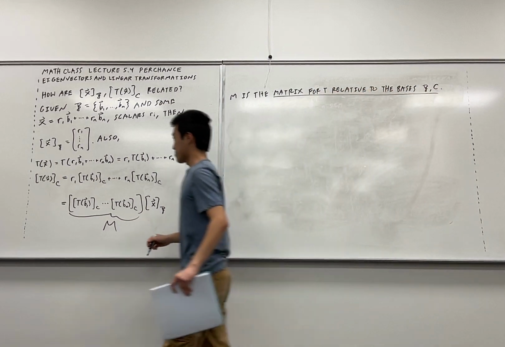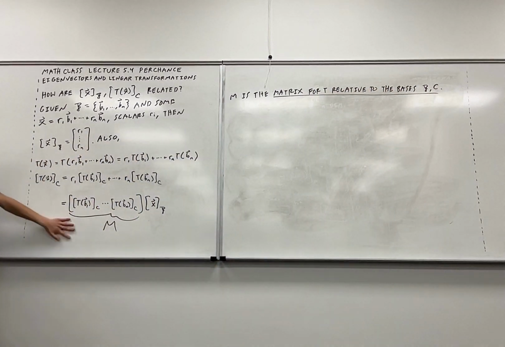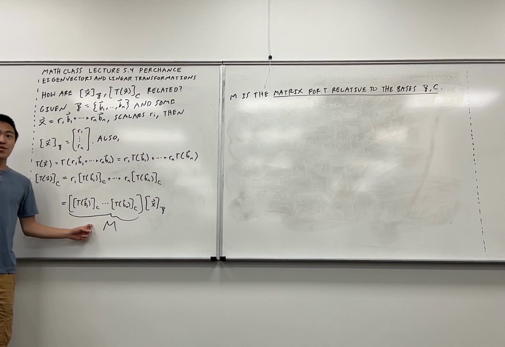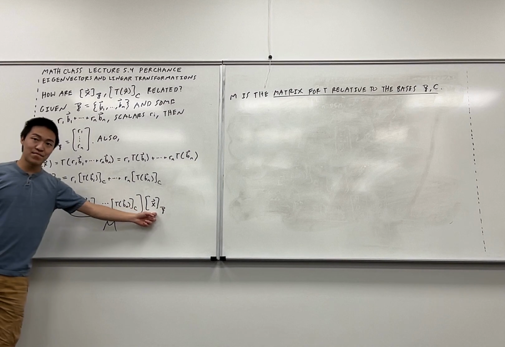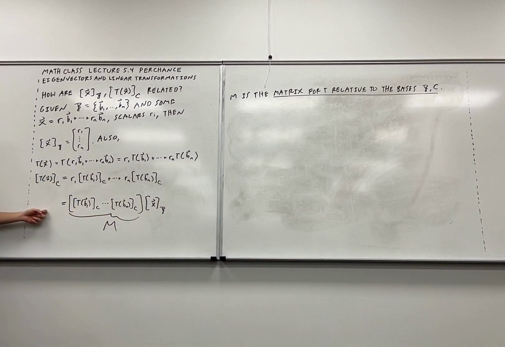Because what's this doing? It should look a lot like how we did the change of coordinates section, the 4.7 lecture. This matrix is something you've already seen before, but just in a higher generality, okay? We've already had this idea of using a matrix to transform my basis vectors, and that multiplied by something in the b coordinates spits out new coordinates for c. We're doing the same thing, and we're just simply saying that if it's a linear transformation, you can do the same thing for the transformed basis vectors and the resulting transformed vector.